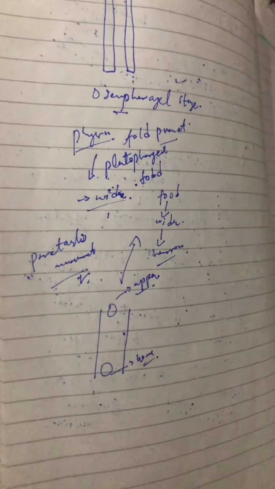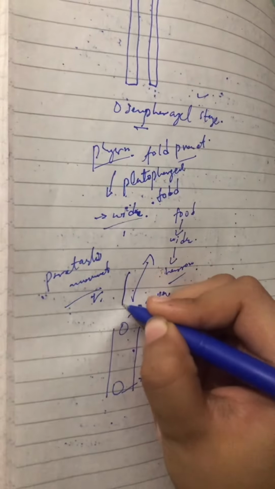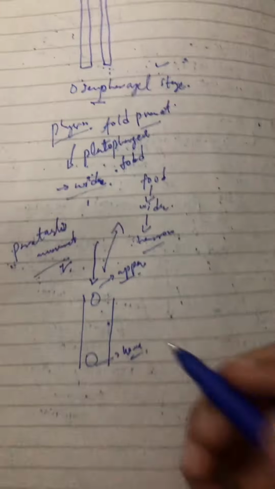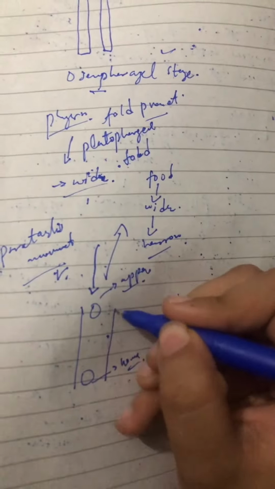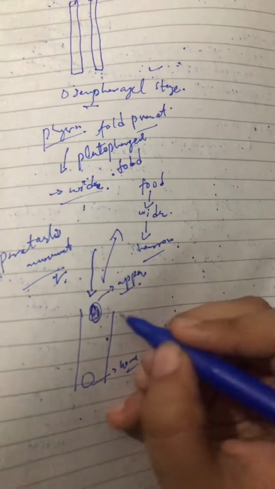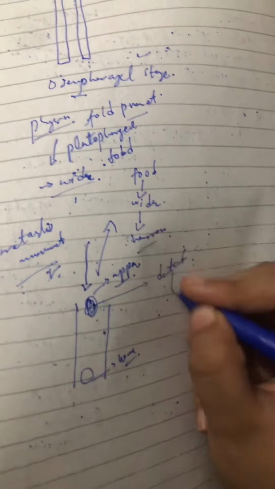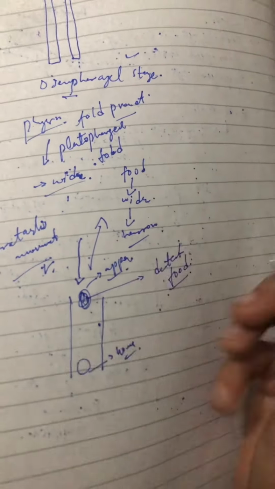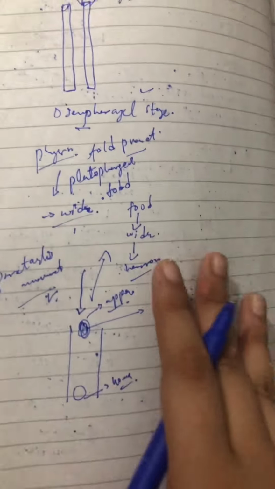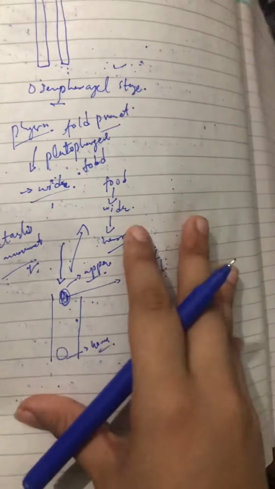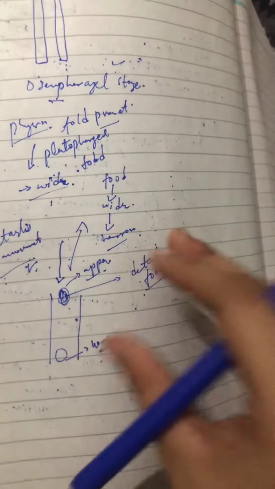Now when the food moves towards the esophagus, there is an upper sphincter present, so this will detect the food, that the food is present in the esophagus. Now an impulse will be generated by the sensory nerve.